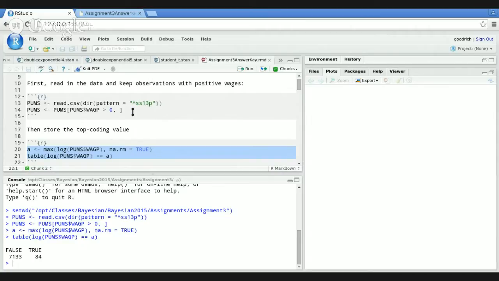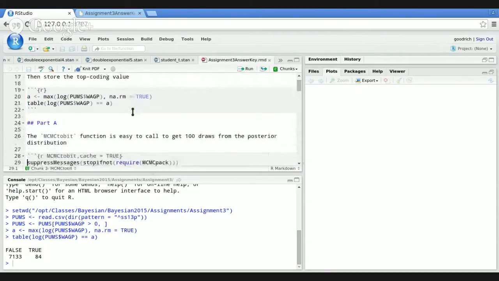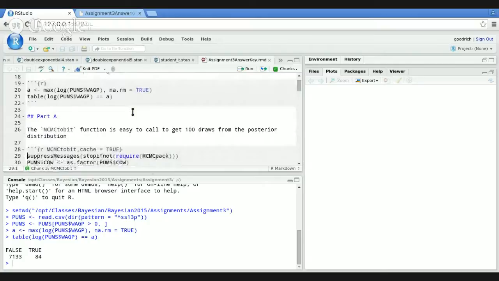So we want to do a model for these data, and one model that may be appropriate is the Tobit model. That is basically a model for wages or log wages, however you want to do it, that essentially is going to treat the unknown values for the top coded as additional unknowns that we need to draw from the posterior distribution of.